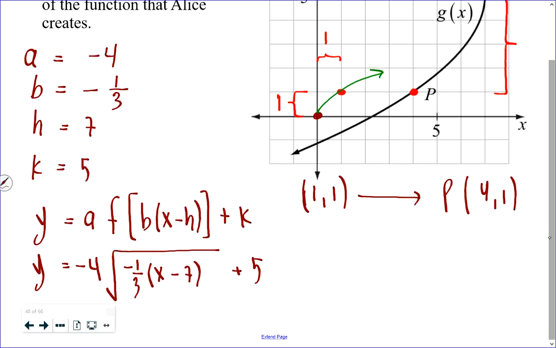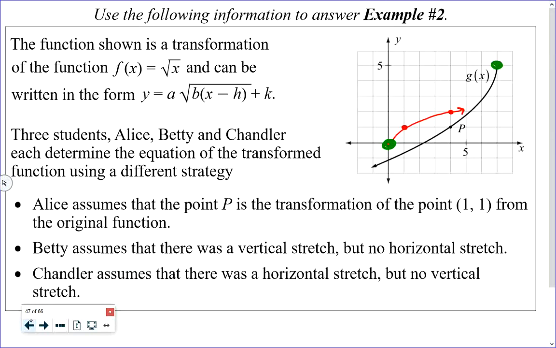And I'm not going to do this right now because I don't know how much time we'll have. If you plotted that on your calculator and you compared it to the picture, it would match, okay? It's correct. Now let's take a look at what Betty says. What does Betty say? Betty assumes there's a vertical stretch but no horizontal stretch.